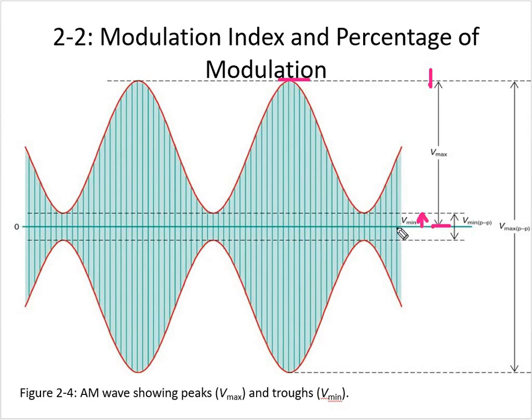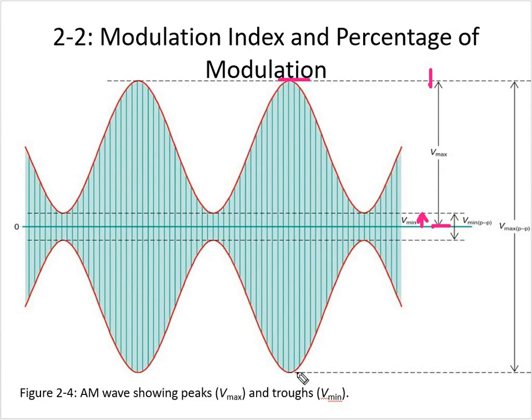It means from the reference point to the first trough, this is called Vmin, and from the reference point to the peak point, it shows Vmax.